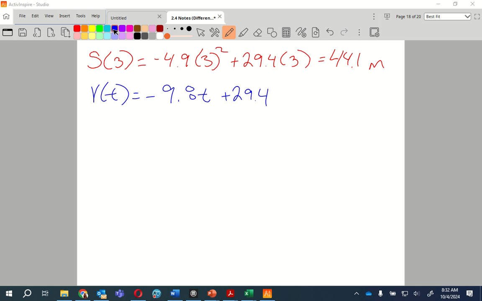All right, so I have my velocity, and then I'm going to take my derivative of the velocity. So it's going to be v prime of t, which also is known as a of t, or you could also say it's going to be s double prime of t. So take the derivative, I get negative 9.8. Negative 9.8 is my acceleration.